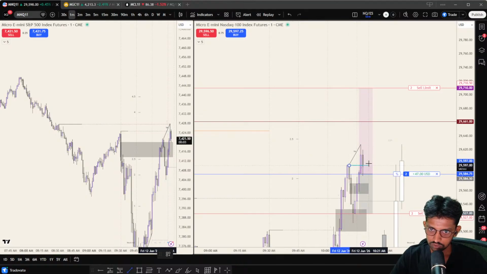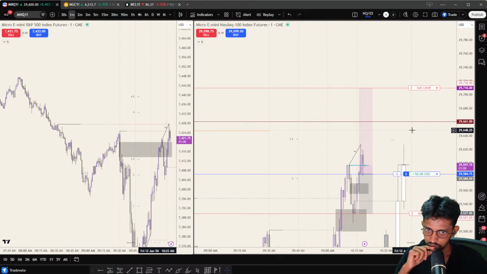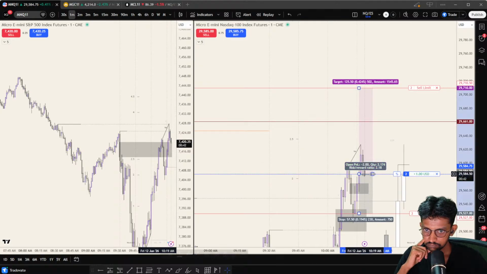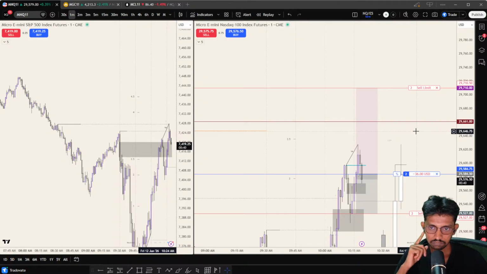I sold it, it came back, tapped into this change in state of delivery. Now we should push higher. Want to see push lower.